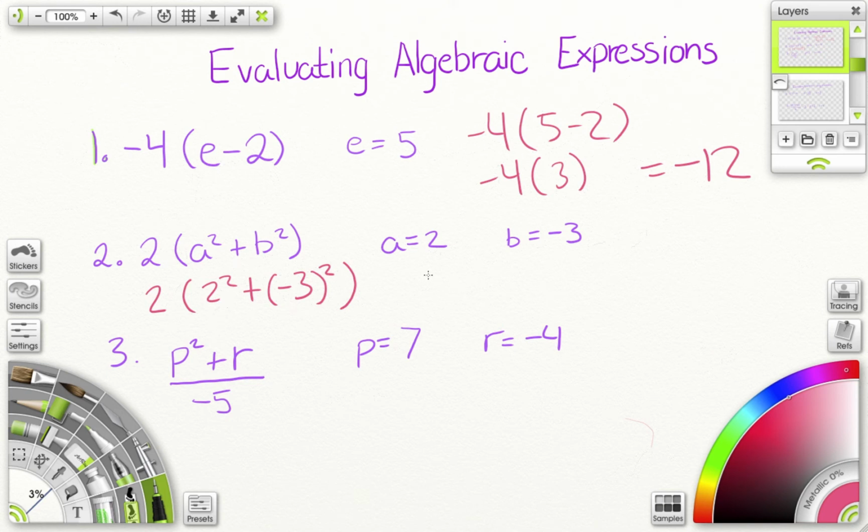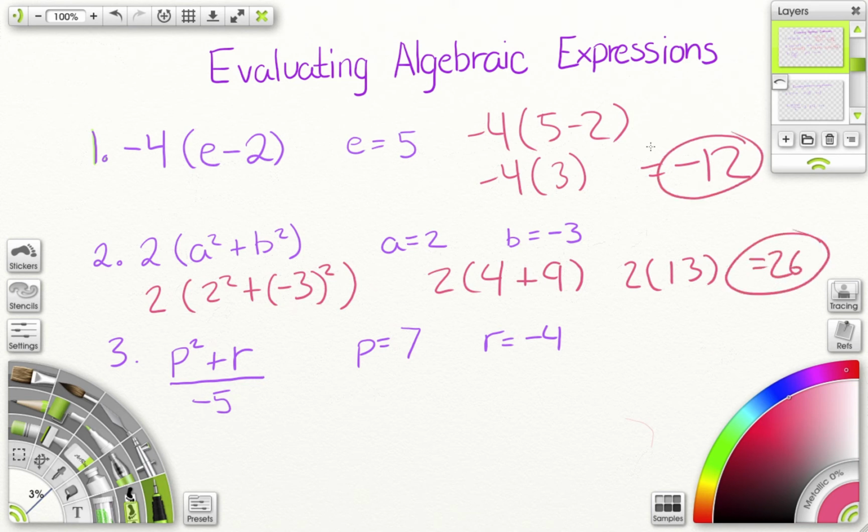So I have 2, and then I have 2 times 2 is 4, plus -3 times -3 is going to equal +9, because a negative times a negative equals positive. So I have 4 plus 9. So 4 plus 9 equals 13. 2 times 13 equals 26. So that's my final answer.